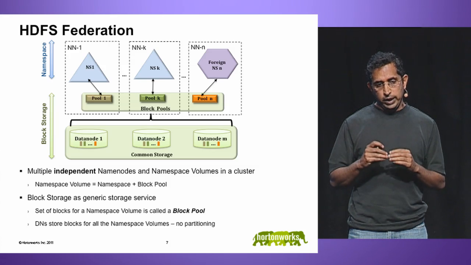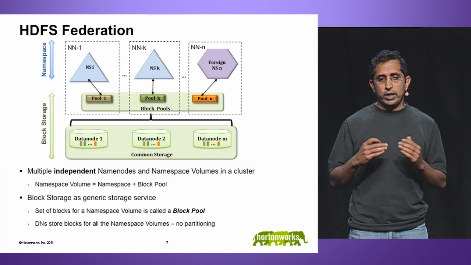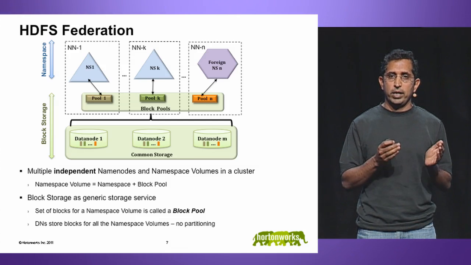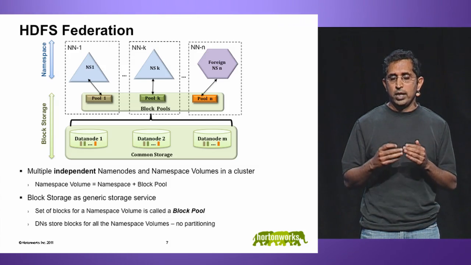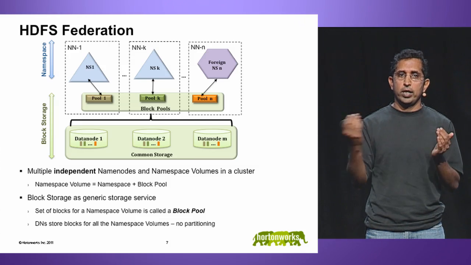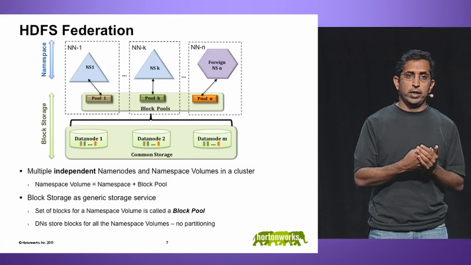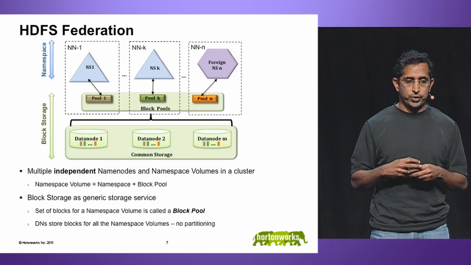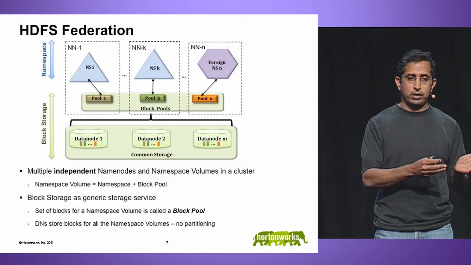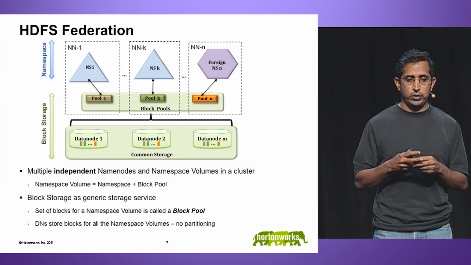With HDFS Federation, we now support multiple independent namespaces. What I mean by independent Namenodes or namespaces is that one namespace or one Namenode doesn't have to coordinate with another Namenode for providing the file system functionality. In this picture, a namespace volume is a namespace and a corresponding block pool that the namespace uses.